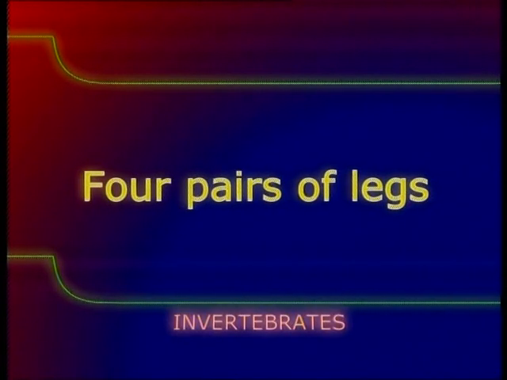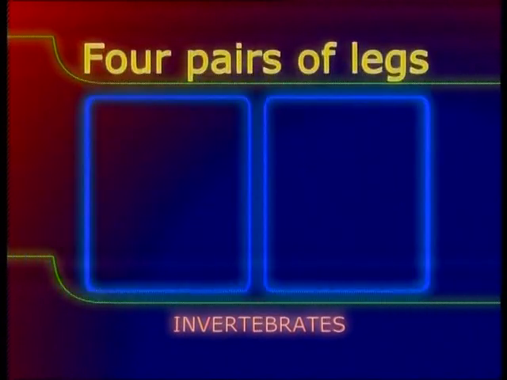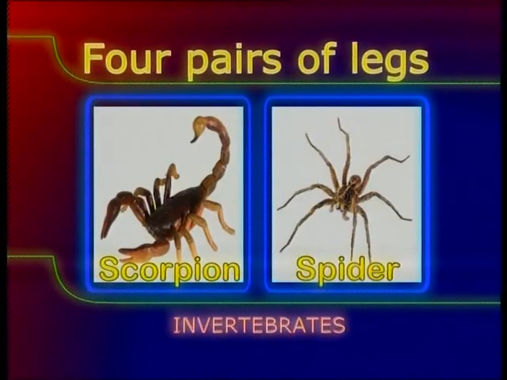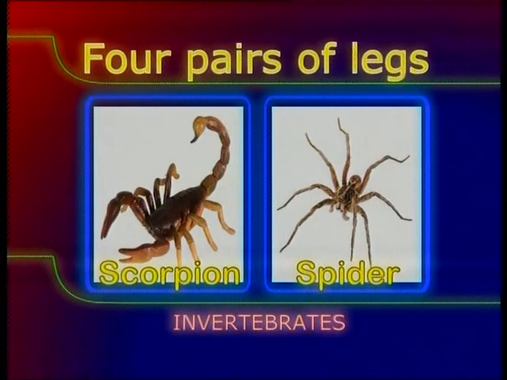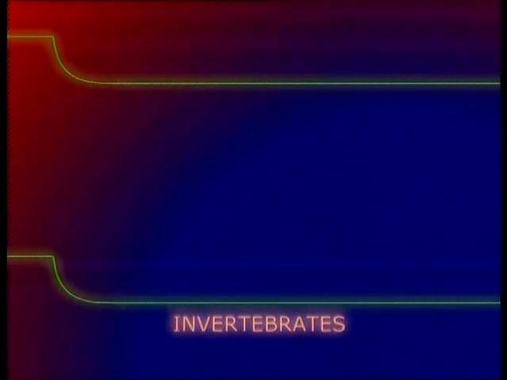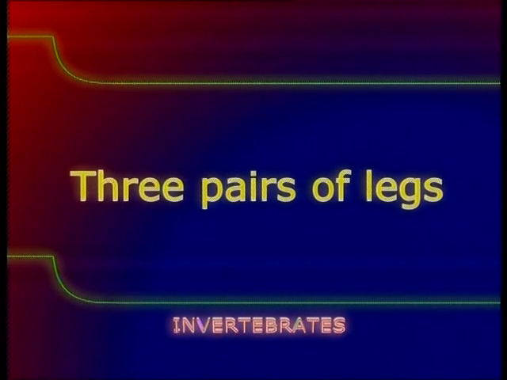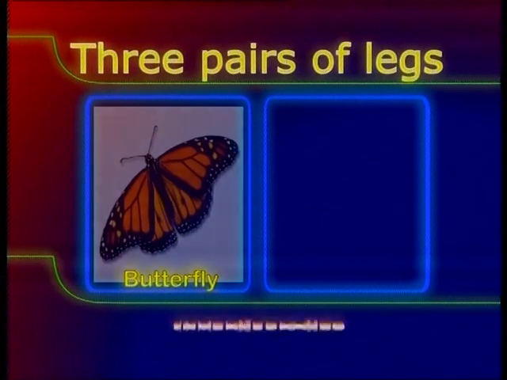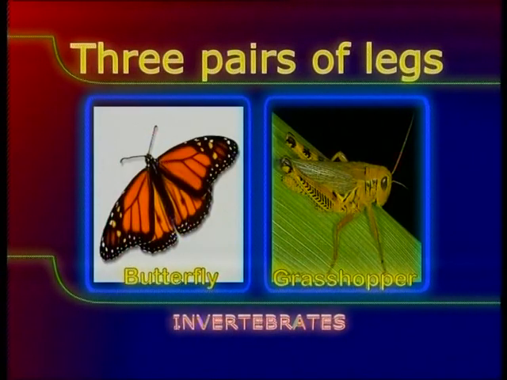That means 8 legs. They are the scorpion and the spider. We also have 3 pairs of legs. The group that has 3 pairs of legs or 6 legs is insects, like butterflies and grasshoppers.